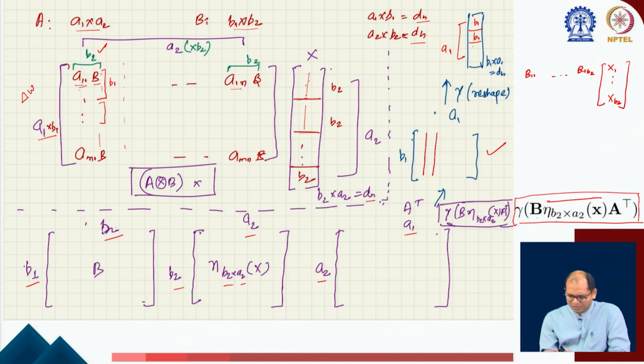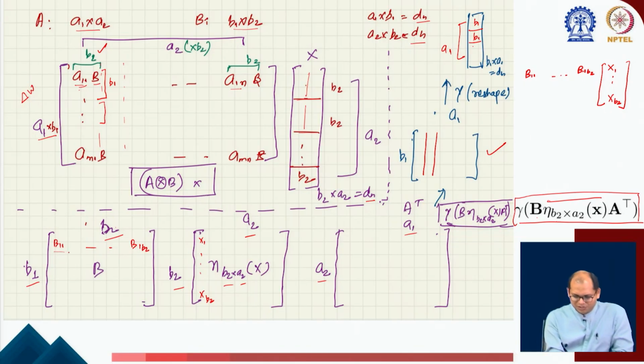So, is that happening here also? When you reshape x, this is nothing but x1 to xb2, right? The first b2 elements come here, and this one is b11 to b1b2. So you first multiply these, b11 with x1.